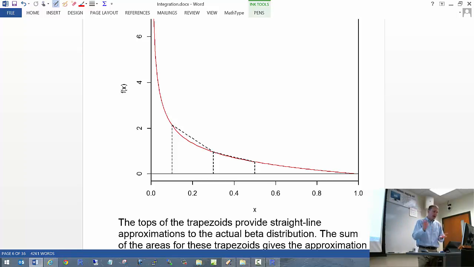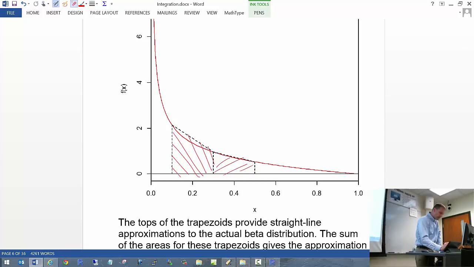Okay? And all you need to do now is use the regular old formula for the area within a trapezoid. Use that for that region, and then also use it for that region, and there you have an approximation for the area underneath the curve. So it's as simple as that.